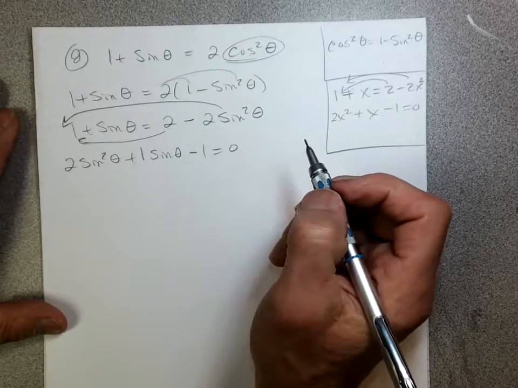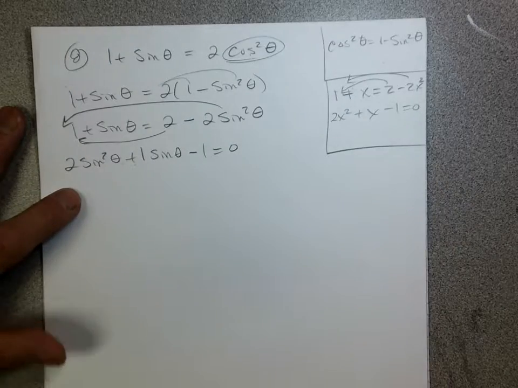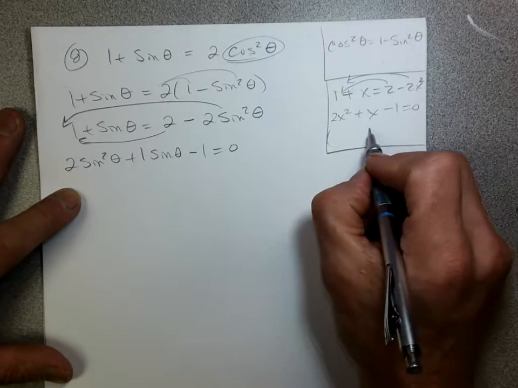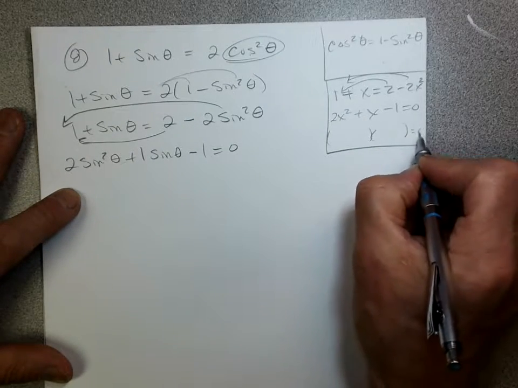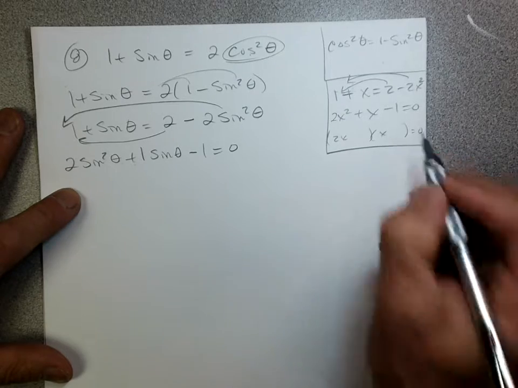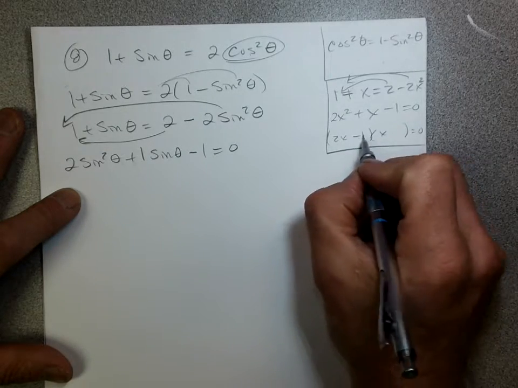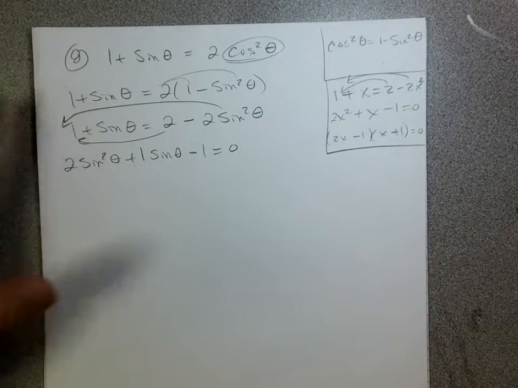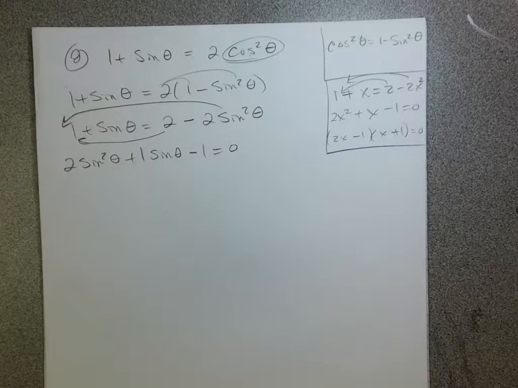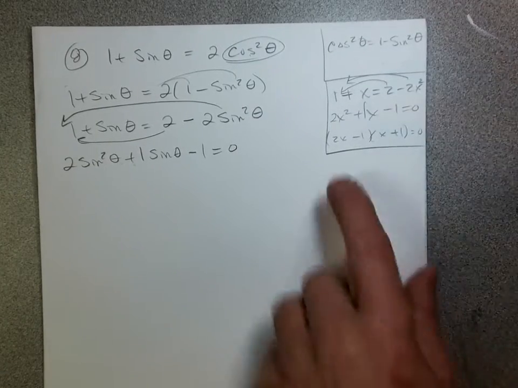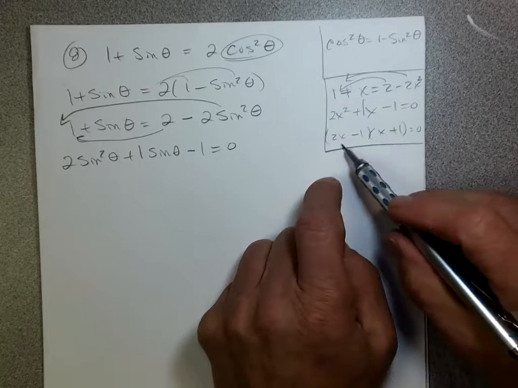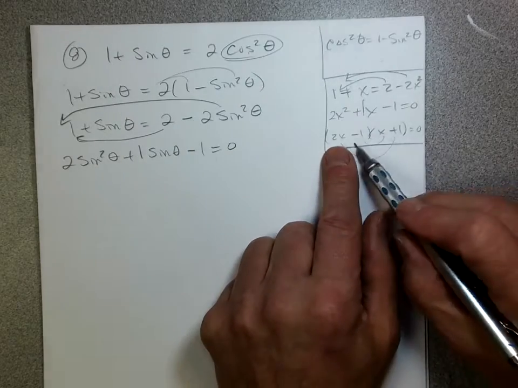So I need to factor. Let me do a little algebra here with the x's. Probably 2x minus 1 and x plus 1 will work. That would be factoring in terms of x's. If you do your double smiley, positive 2x, negative 1, it does make you positive 1.